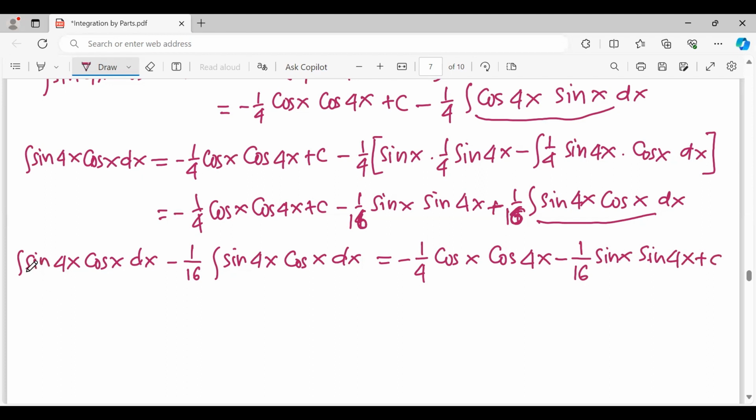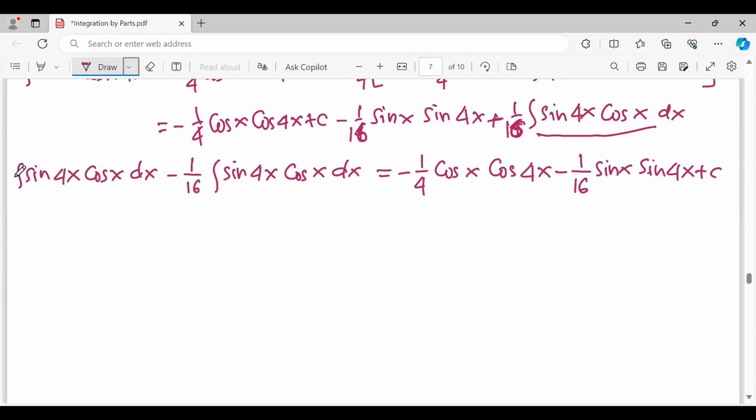This is 1 minus 1 over 16, 16 over 16 minus 1 over 16 being 15 over 16.